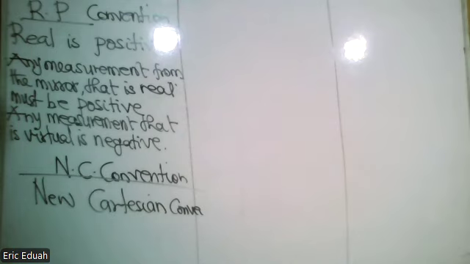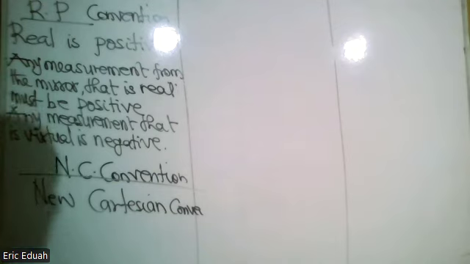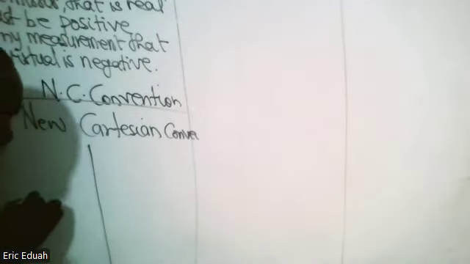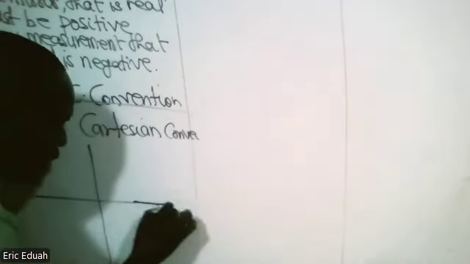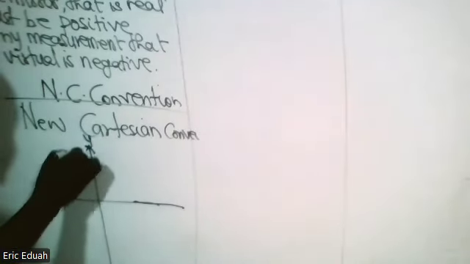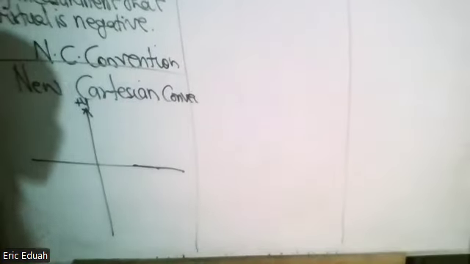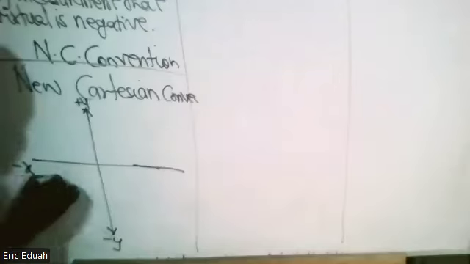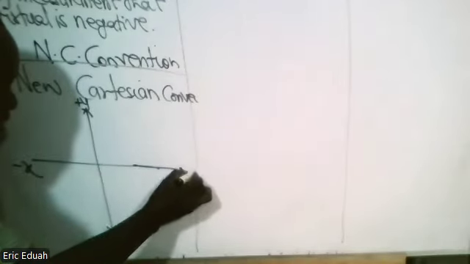Do not be scared by the name. The Cartesian plane is your X and Y axis. We have positive Y, below we have negative Y, negative X, and positive X.